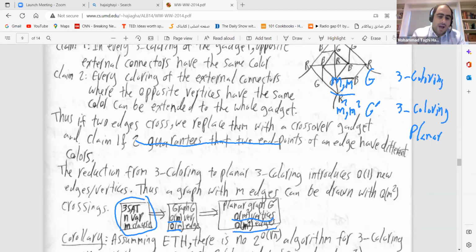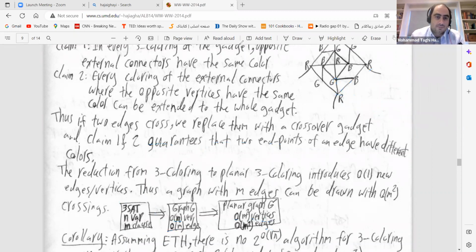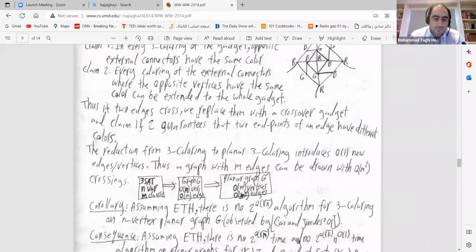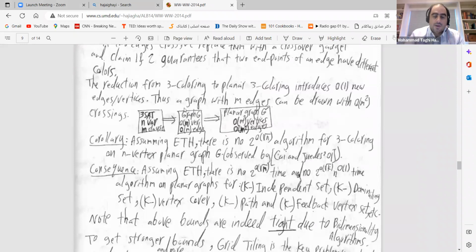Now, because we have just changed the parameter, we had m here, and it goes to m square here. This implies that assuming ETH, there is no 2 to the square root of n algorithm for tricoloring of n vertex planar graph G.